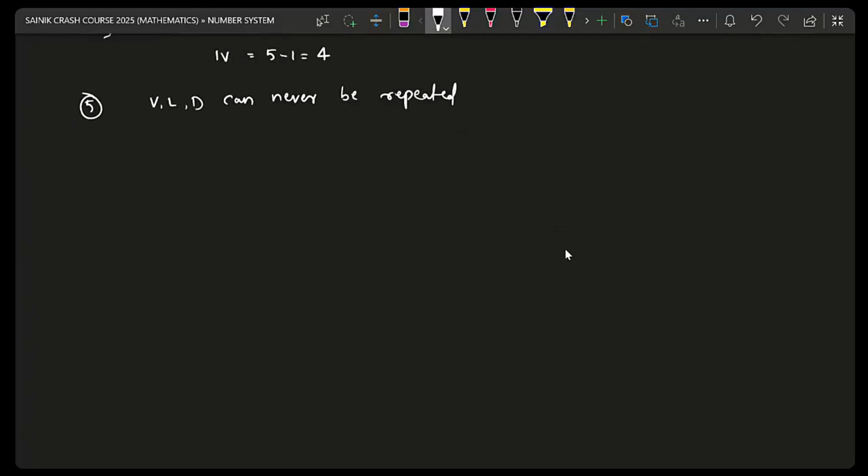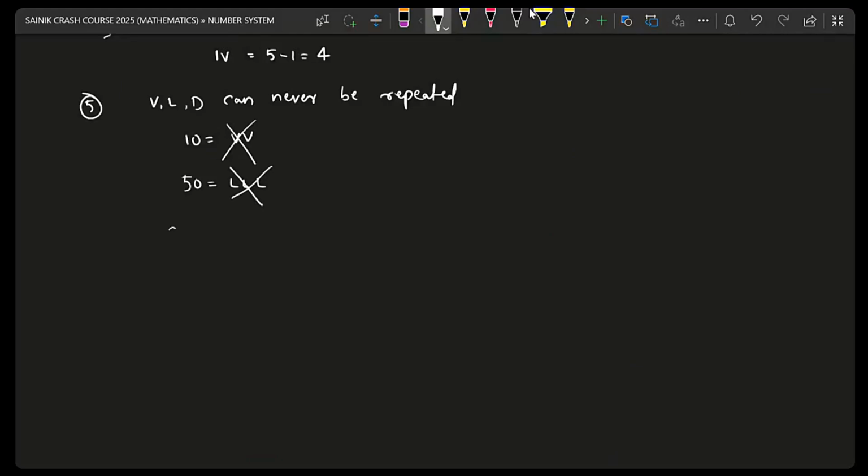For example, I want to write 10. For 10 I cannot write VV just because 5 plus 5 is 10, because we have the clear rule that VLD can never be repeated. That means this is the wrong way of writing 10. Suppose I want to write 50. I cannot write LLL because not only V, L also, D also, they cannot be repeated. So this is also a wrong way of writing.